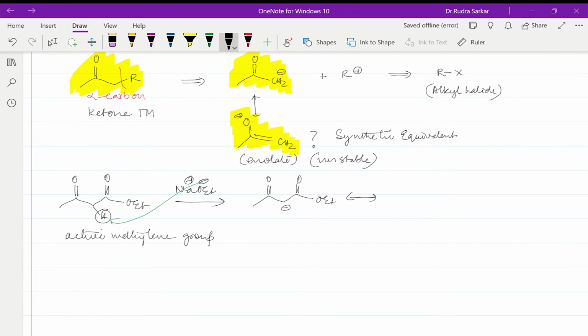This particular synthetic equivalent can also be thought of as resonance stabilized as follows.